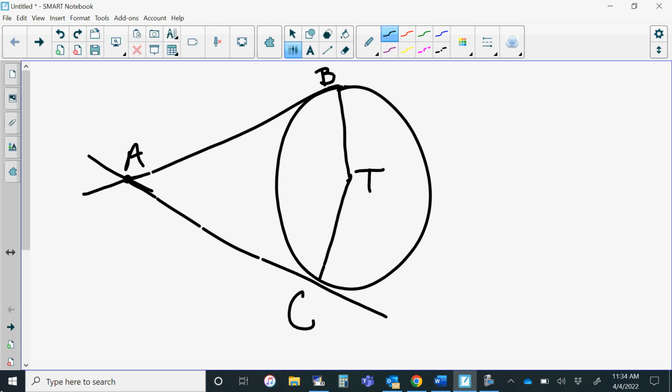Line AC isn't really touching the circle. It's okay. Mr. Martin, I know you told us not to assume in math, but I'm just gonna have to assume that you're definitely not an artist. No, I'm not. Okay.